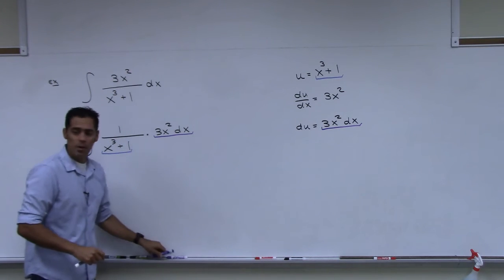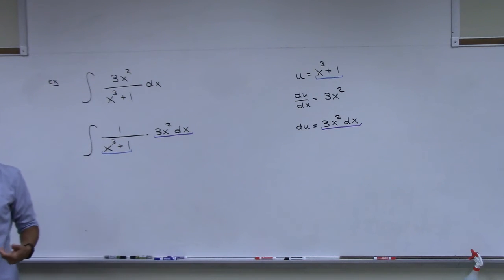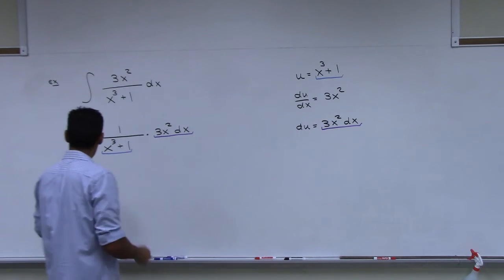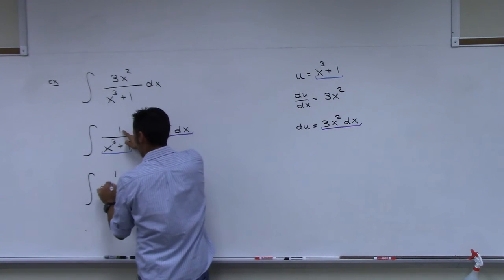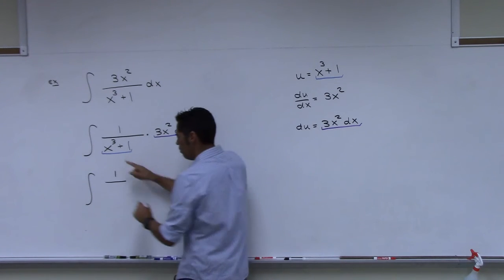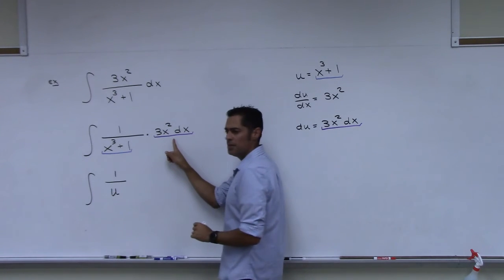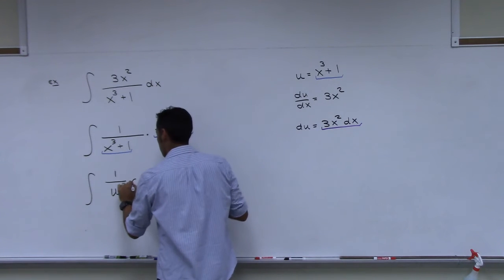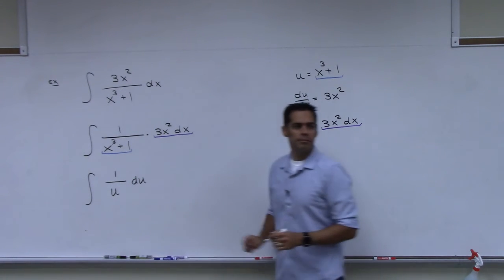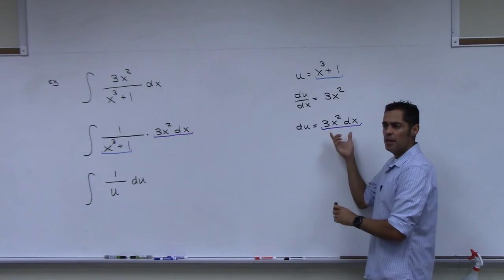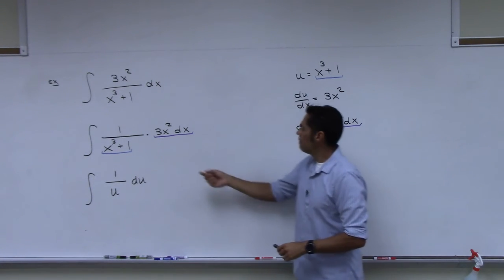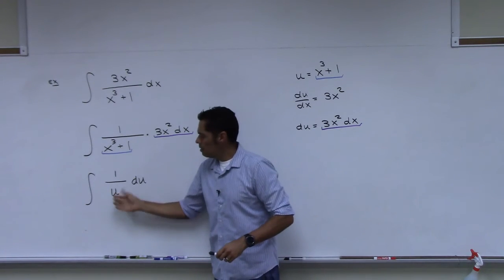So that will be replaced with u. So everything looks like it's going to fit perfectly here, doesn't it? I'm going to rewrite the problem. This becomes the integral of 1 over u, and then this part is du. See how everything kind of fit in perfectly here? This was du, this was u, and now we have this.